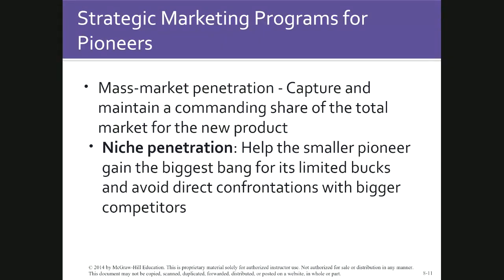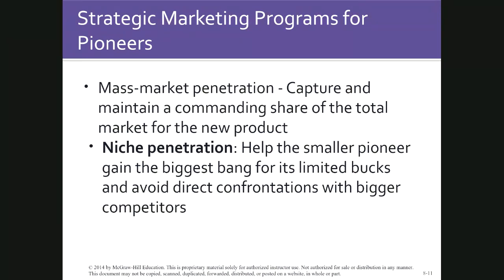It'd be hard to have a skimming pricing strategy if you were competing against Walmart. So a niche penetration strategy can help the smaller pioneer get the biggest bang for their buck, and mostly avoid competition with the bigger players in the market. It doesn't mean you can't make any money. There are tons of niche products that people make a lot of money on. You don't have to be Walmart or Target to make a lot of money.